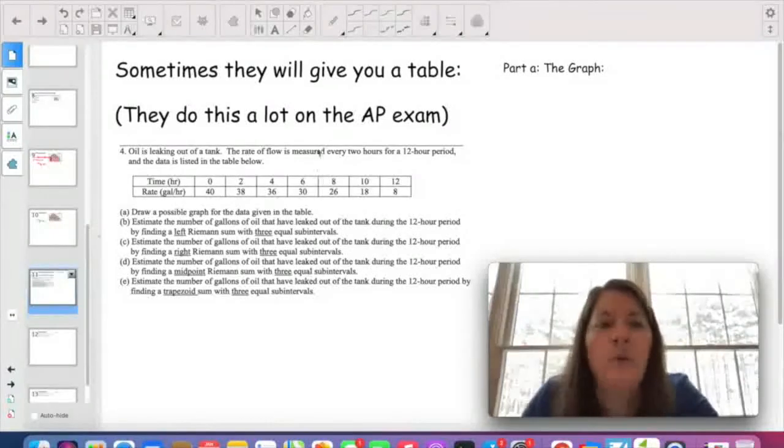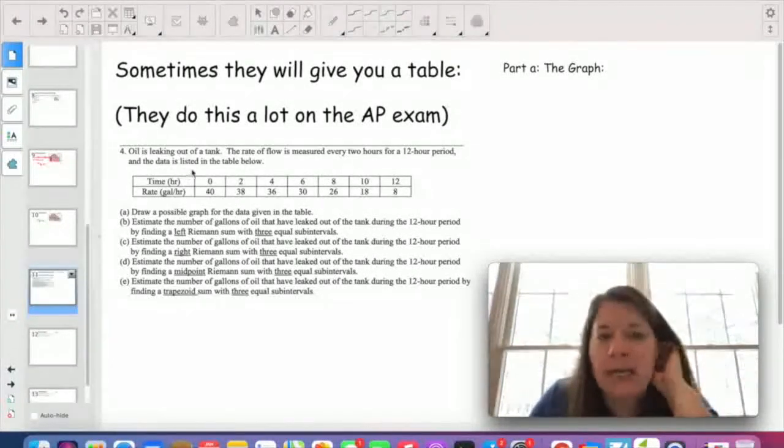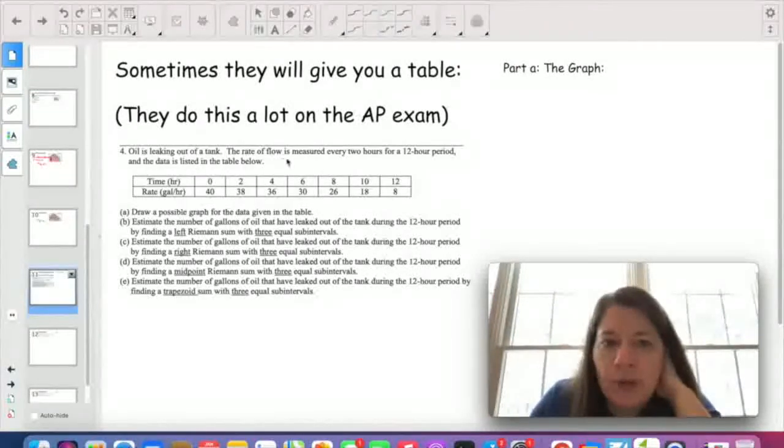So on this one, it says, oil is leaking out of the tank. The rate of flow is measured every 2 hours for a 12-hour period, and the data is listed in the table below. The time in hours goes from 0 to 12. The rate, which is gallons per hour, that is the amount of oil leaking out of the tank, goes from, well, 40 to 8.